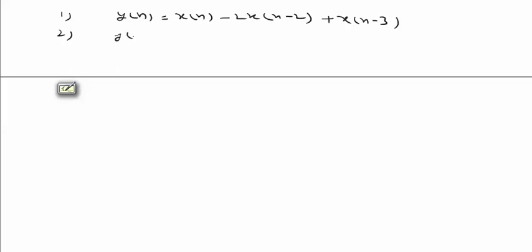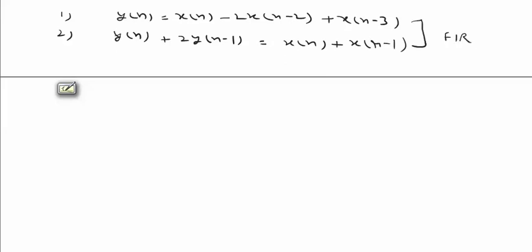Second, y[n] plus 2y[n minus 1] equals x[n] plus x[n minus 1]. Find out which type of filter, FIR or IIR. To find the filter type, first apply an impulse as input.